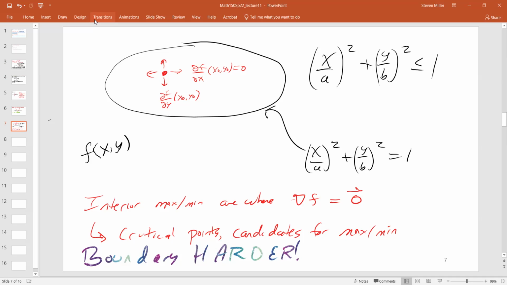Well, we had to check every value in one dimension. Why isn't it such a big deal in one dimension, but a tremendous deal in 2 dimensions? Yeah, there's infinitely many points to check.